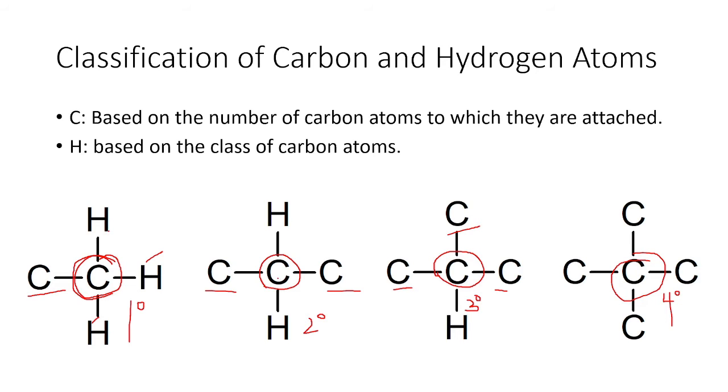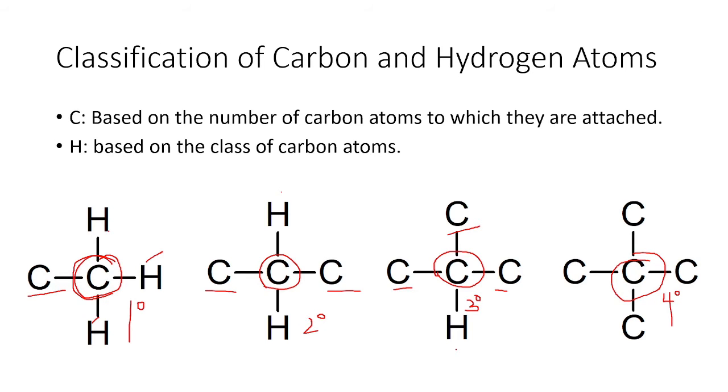For this one, we have a secondary carbon, meaning to say these hydrogens are secondary hydrogens. And for this third one, we have a tertiary carbon, so we have a hydrogen that is attached to a tertiary carbon. So we have here a tertiary hydrogen.